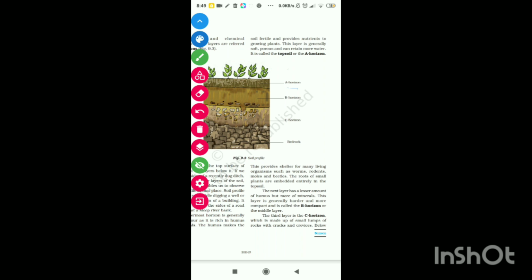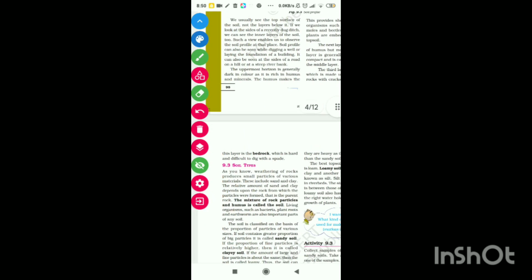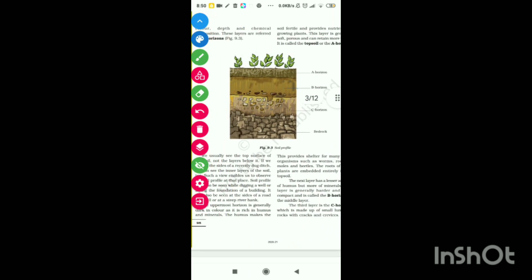Then the next layer is C horizon. The third layer is the C horizon, which is made up of small lumps of rock with cracks and crevices. Below this you can see the bedrock. It is the hardest layer.